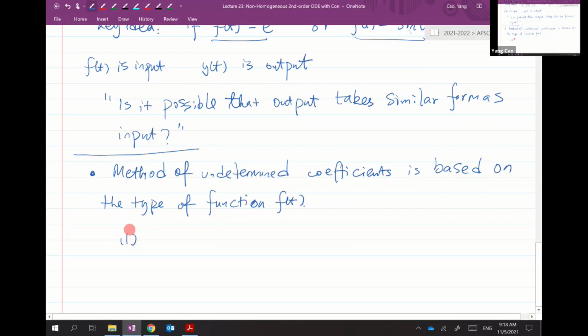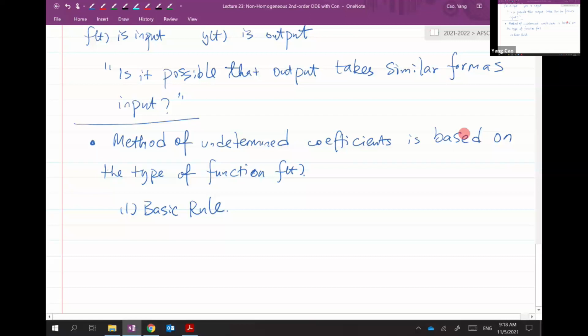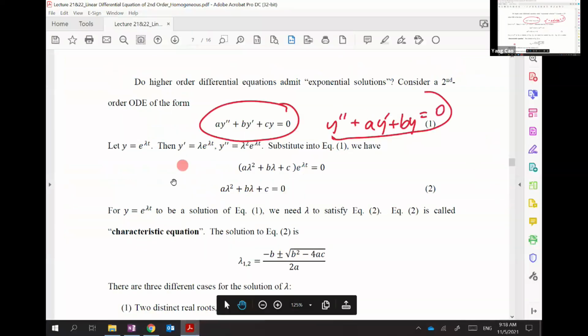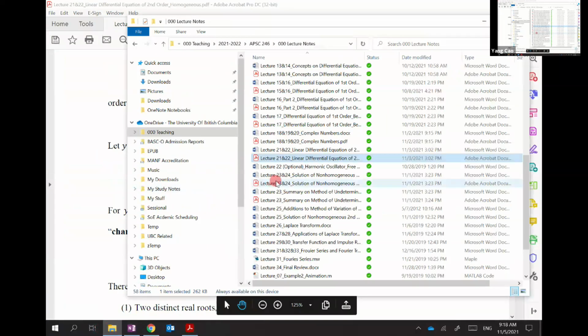Step 1 is called the basic rule. So you're guessing, right? The basic rule is to look at this function f of t, then use the table that I give you in this lecture.